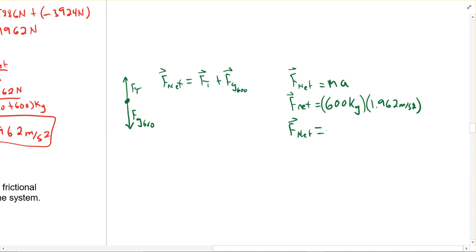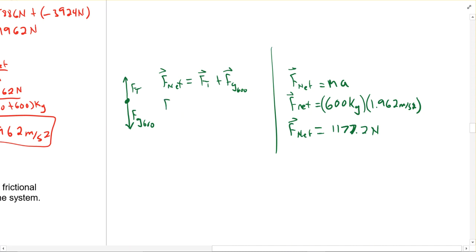So F net is going to be 1,177.2 newtons.